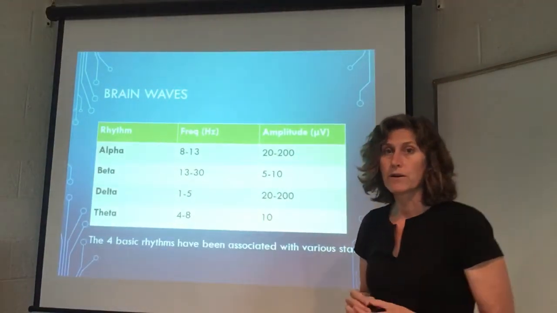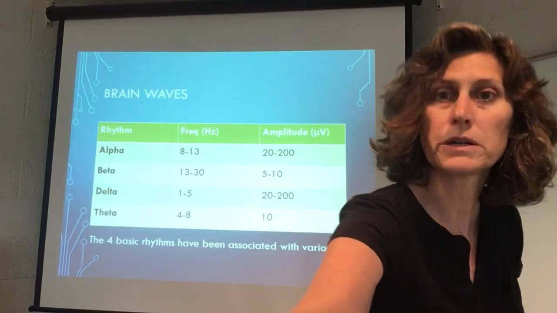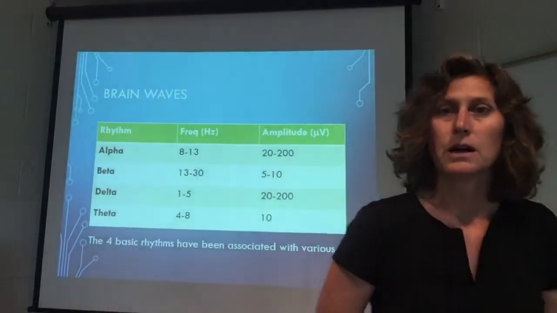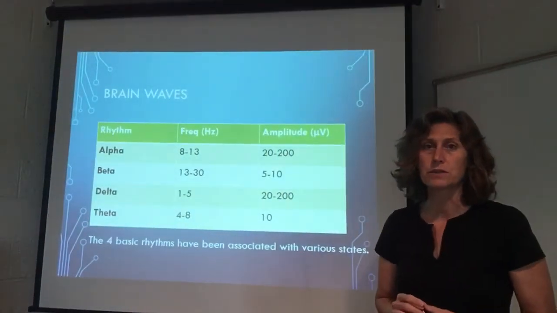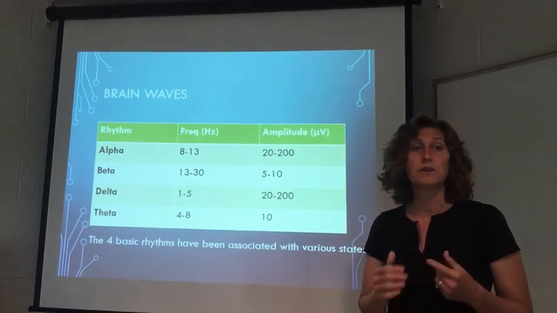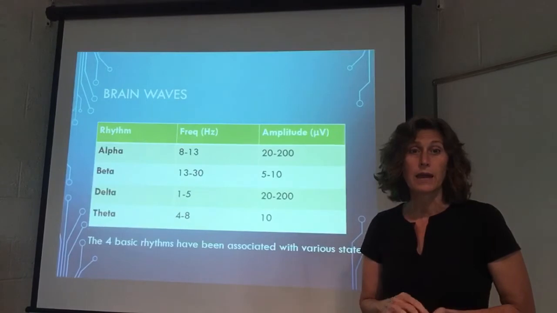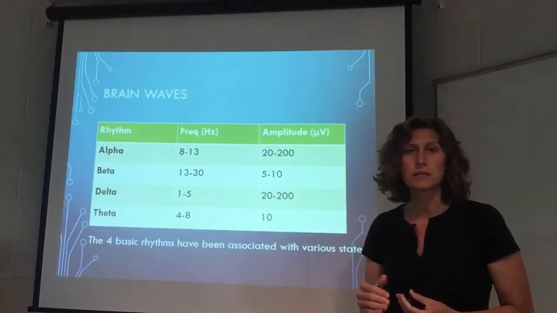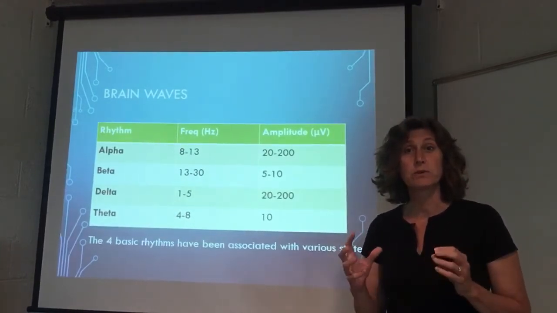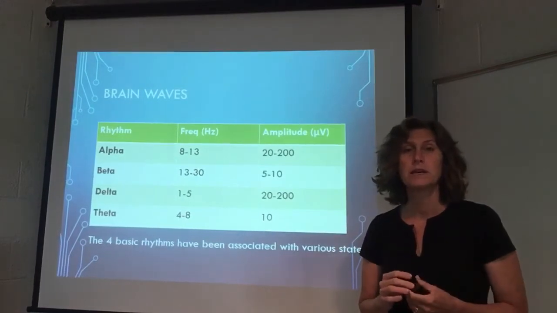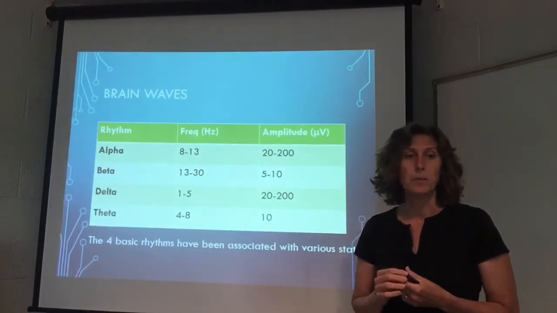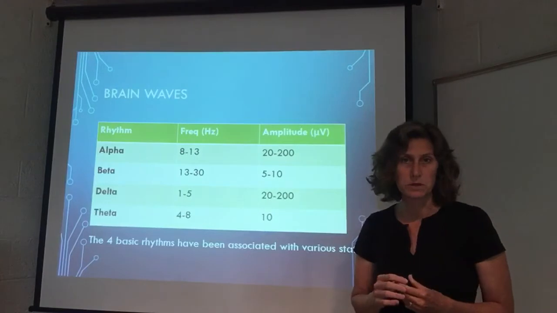So this is a graph that's typically seen. I'm going to make sure this is visible. You've probably seen this in different classes. The different brain waves: there's alpha, beta, theta, and delta. And it lays out the frequencies. Different degrees of frequency indicate the different brain waves, and their amplitudes. These are the four basic rhythms that you'll see.